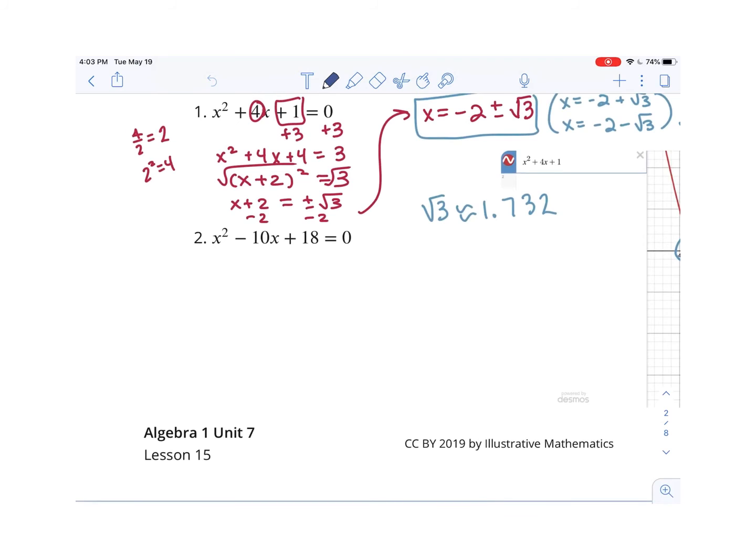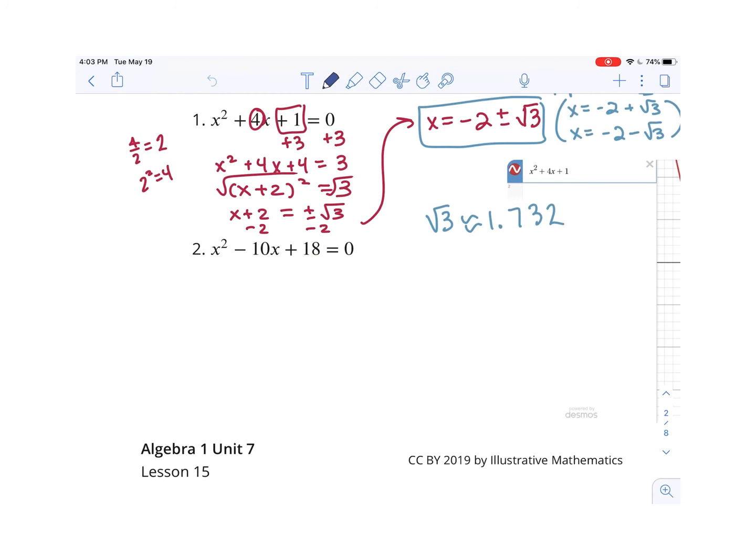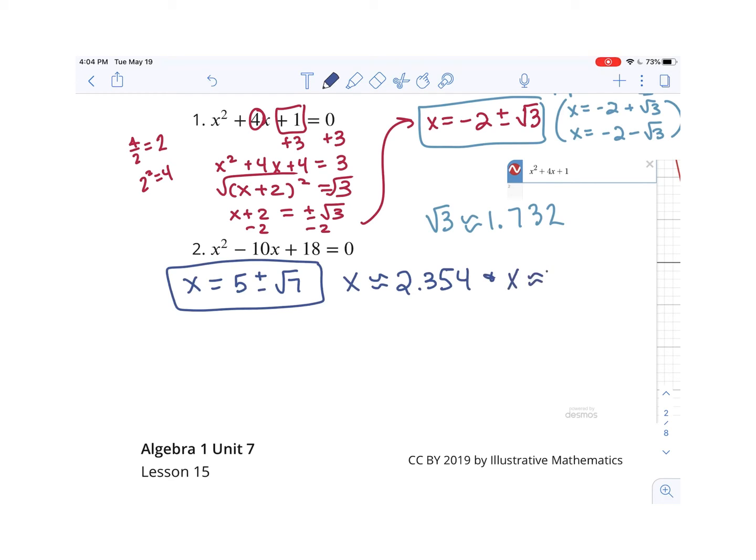Okay, so if you went through number 2, you should have gotten that 5 plus or minus the square root of 7 is your exact answer by completing the square, and that your approximate answers are x equals about 2.354 and x is about 7.646.